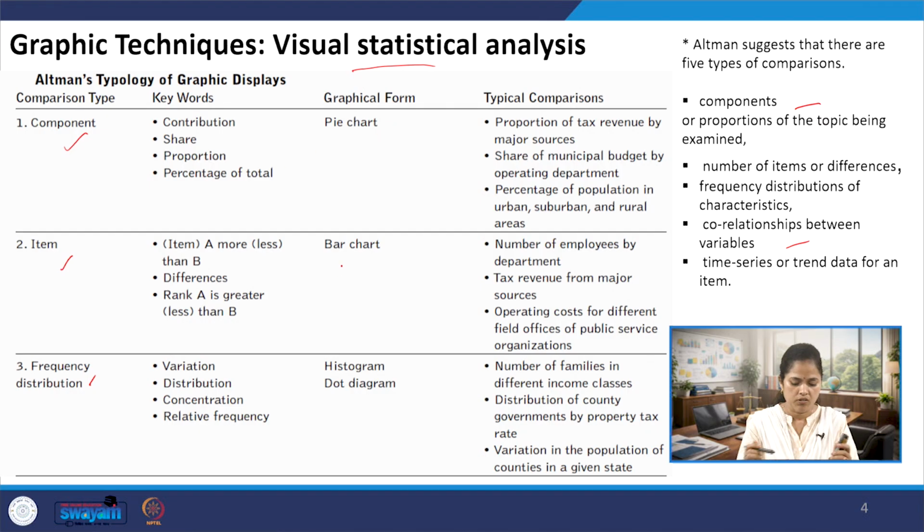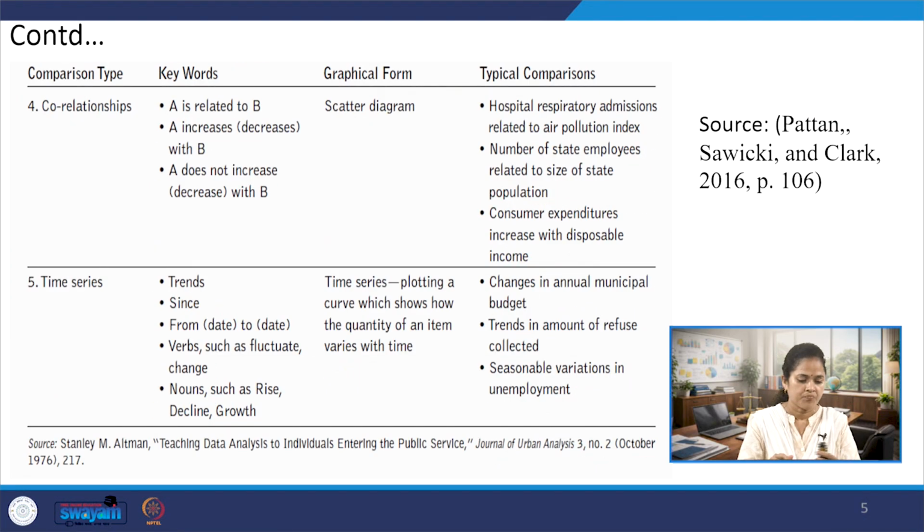For item wise comparison, we can use the bar graph. And for frequency distribution, we can use histograms or dot diagrams. These are very easy, but very strong measures for visualizing the relationship comparison or for making a policy.